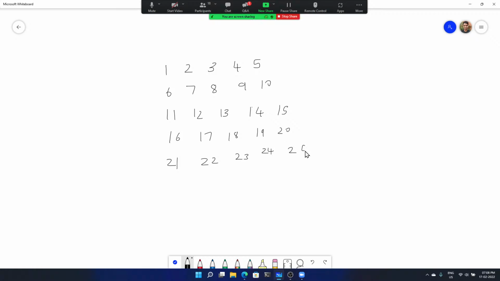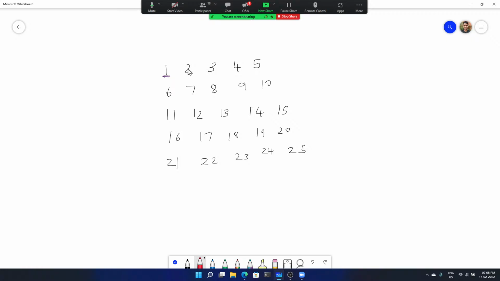Now we have to find all the prime numbers less than 25. So let's exclude 1. Why do we exclude 1? 1 is neither prime nor composite, it's a special number. Let 1 be on its own.